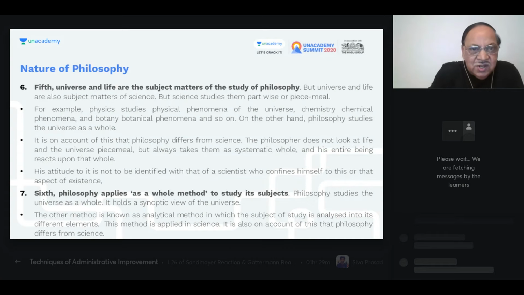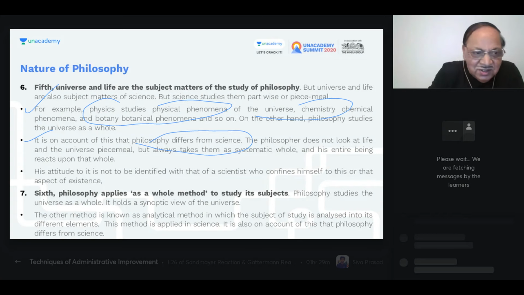So what I was saying is that both philosophy and science study the same universe and life, but their way of studying is different. Science studies part-wise, whereas philosophy studies the subject as a whole. Physics and chemistry study that way, and it is on account of this that philosophy differs from science.